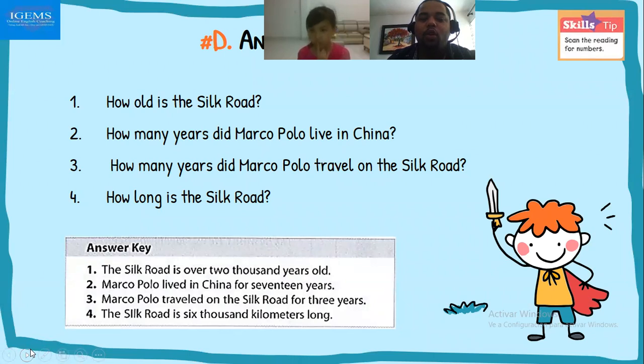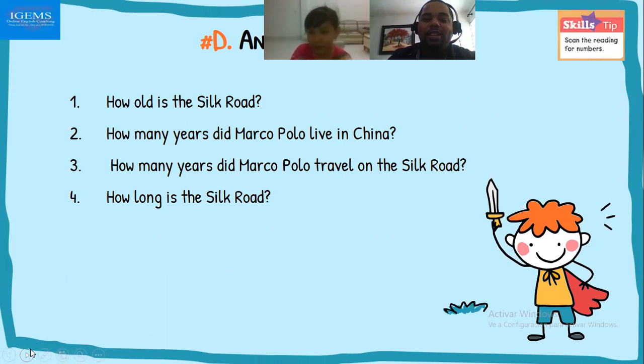The Silk Road is over 2,000 years old. Wow, that is a lot. It's more than a millennium. You can write that in your book if you want.